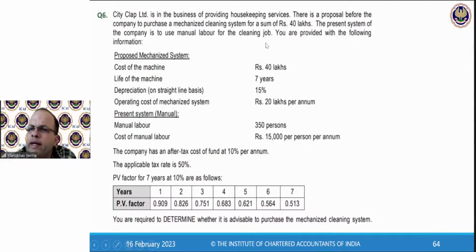What should be your starting point here? What is the framework you are building in your mind on how we should approach this question? The decision point for us is whether to purchase the mechanized cleaning system. And I would say compare the cost versus savings.